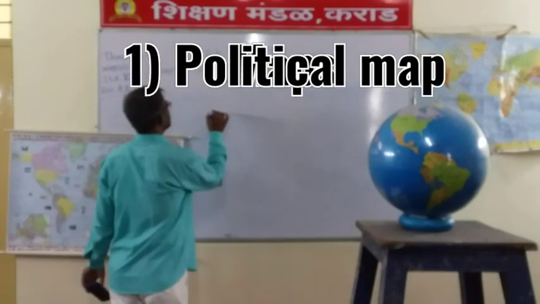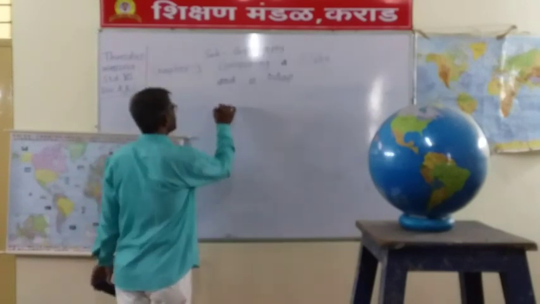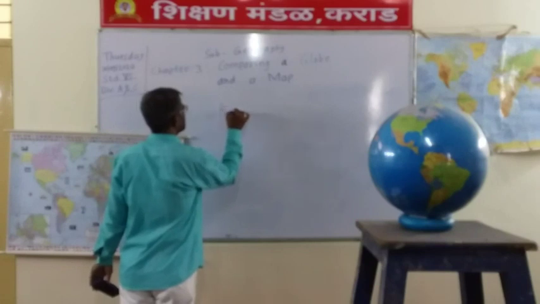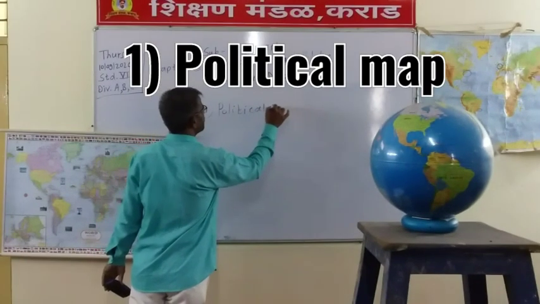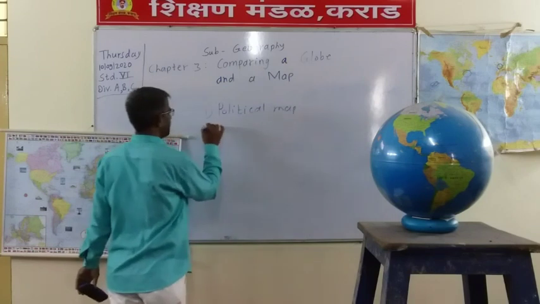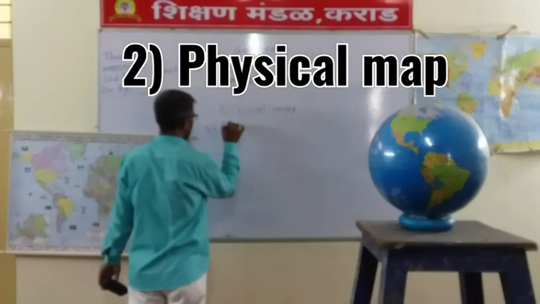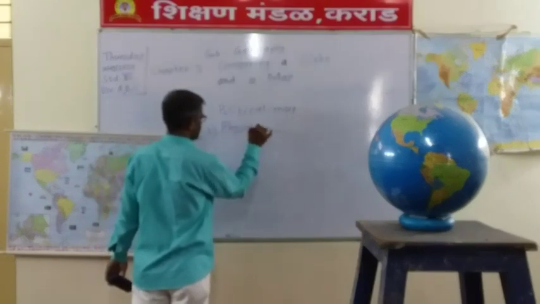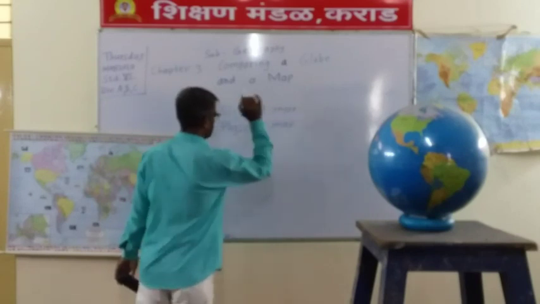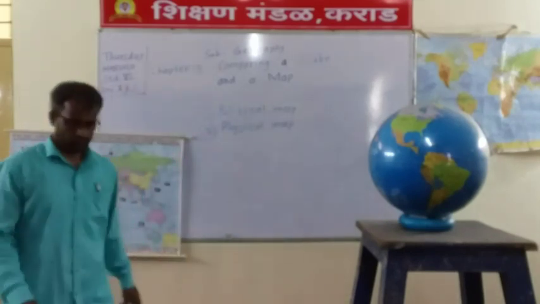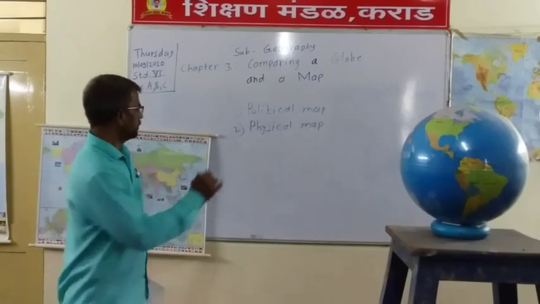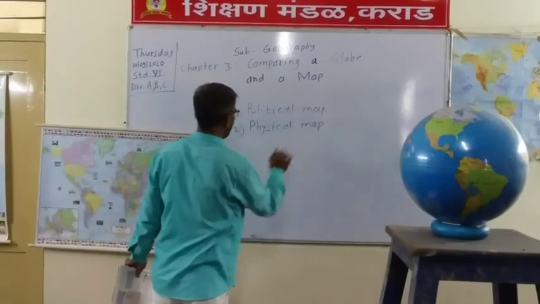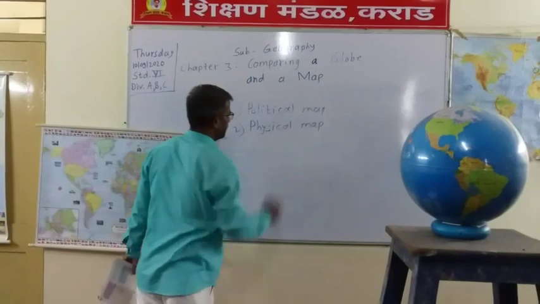First one, political map, and second one, physical map. Let us see what the political map and physical map are.